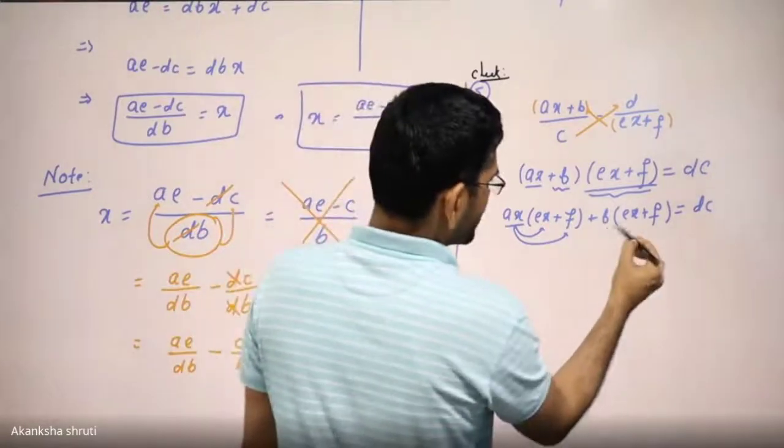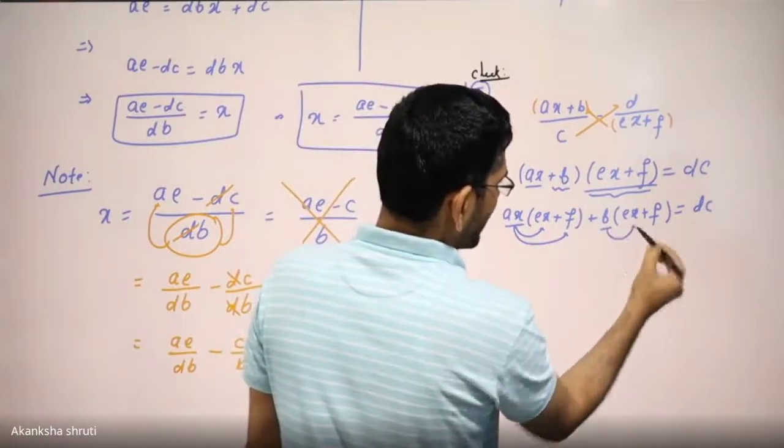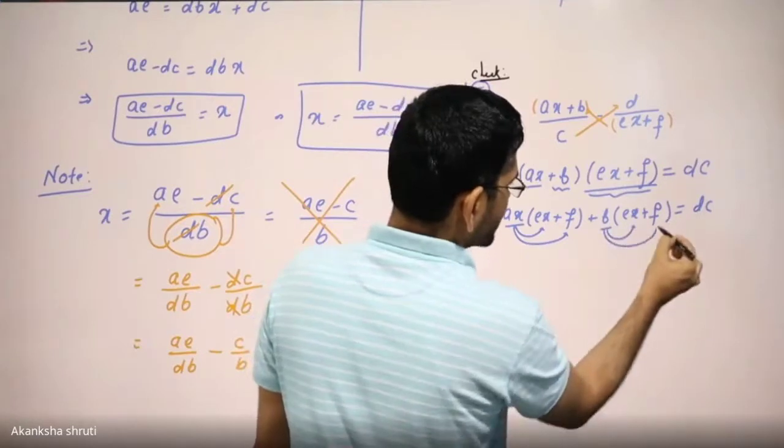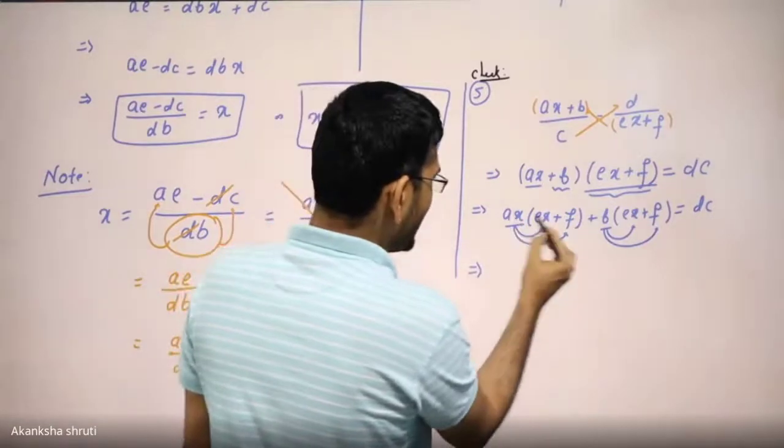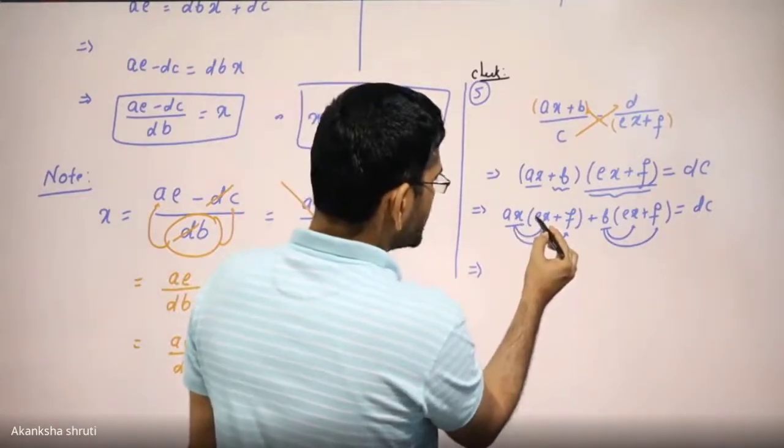Similarly, for removing the second bracket, b multiplies with ex, and next b multiplies with f.